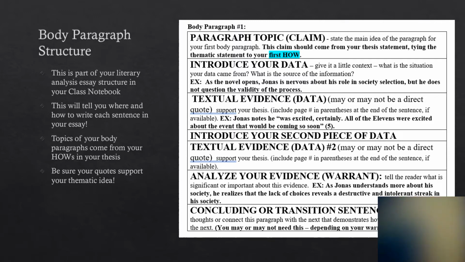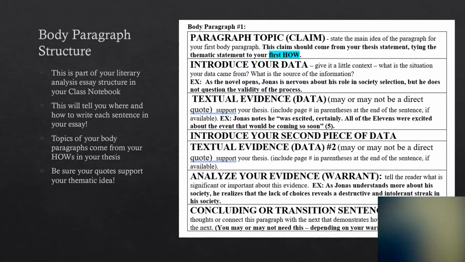Then remember, you are going to be using quotes as evidence. So the next thing you're going to need to do is introduce your data. Your data is your quotes, okay? You need to give it a little context. What's the situation that your data came from? What was going on in the story before this quote happened? So it could be something like, as the devil led young Goodman Brown farther into the woods, he realizes he's something, right?